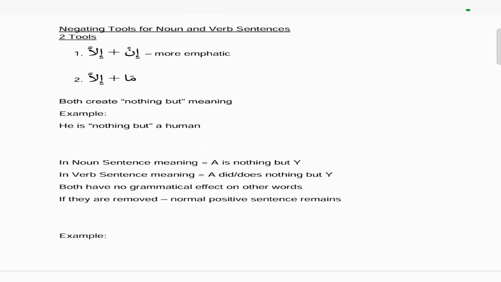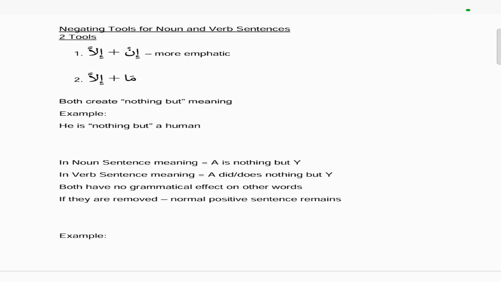The next thing is negating tools for noun sentences and verb sentences together, meaning these negating tools can be used for noun or verb sentences. There are 2 tools. One is in with illa, which is more emphatic, more of an emphasizing negation. The other is ma with illa. They both create a nothing but meaning. For example, he is nothing but a human.